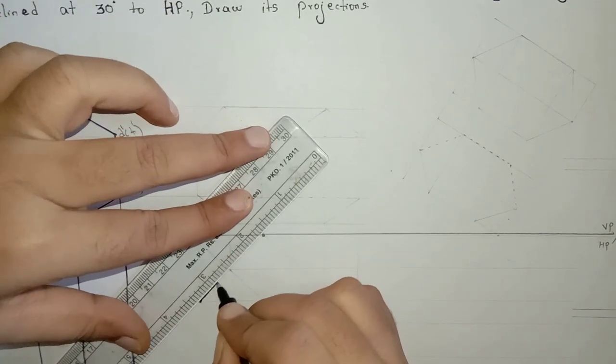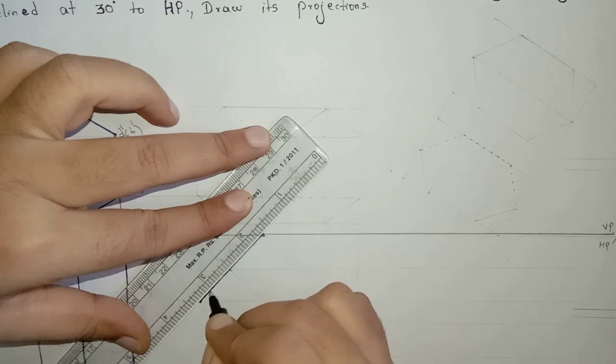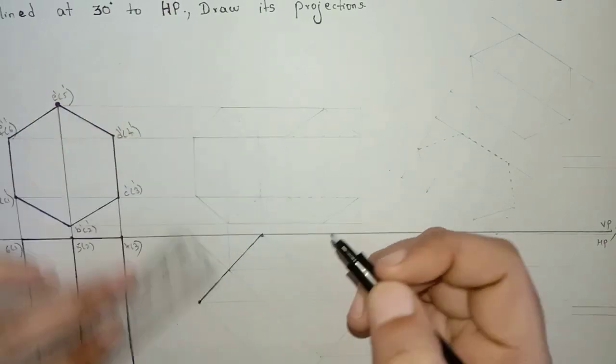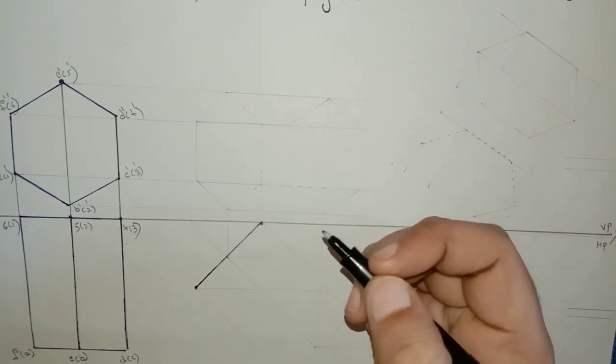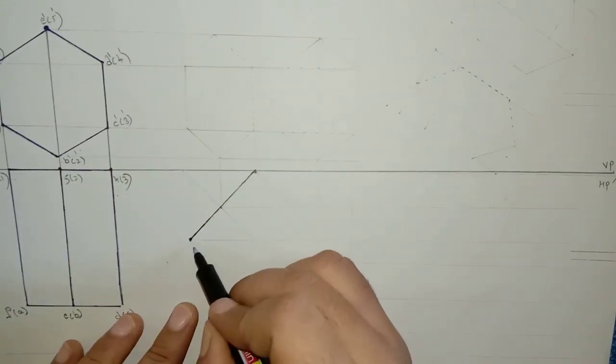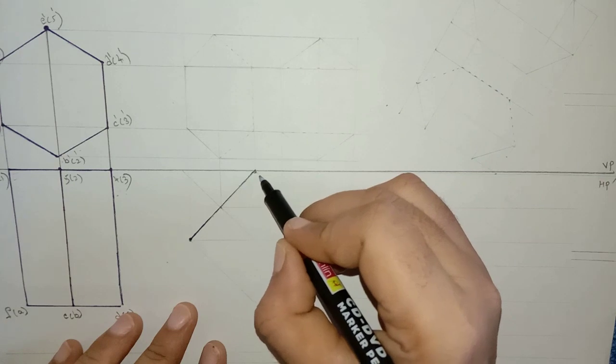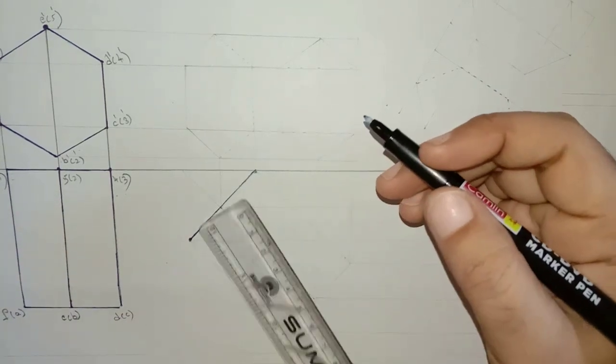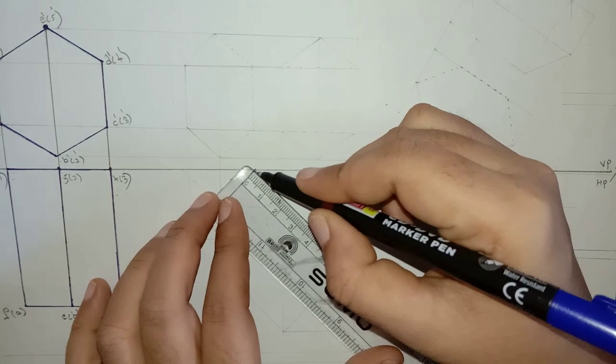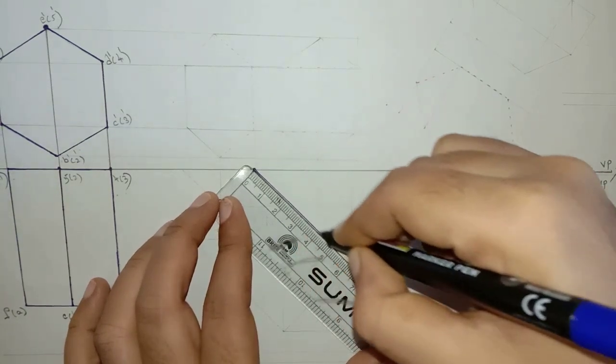See, I am constructing the base. I am not constructing the axis here. Base with an angle of 45 degrees, right? I will keep my protractor here, mark 90 degrees, keep your protractor here, mark 90 degrees, keep your protractor here, mark 90 degrees. So the axis height here is 60 mm. From every point I am taking 60 mm.